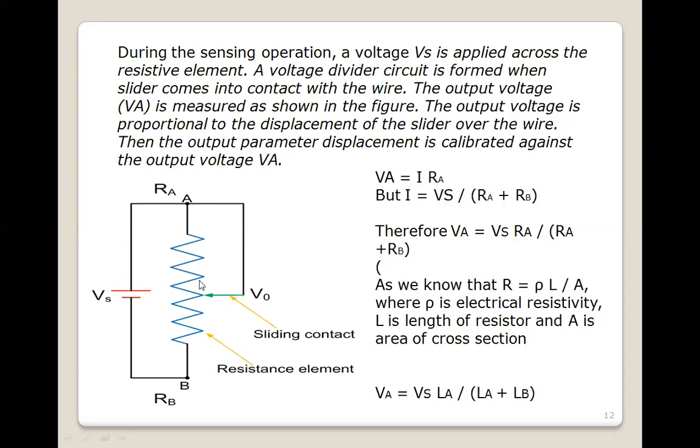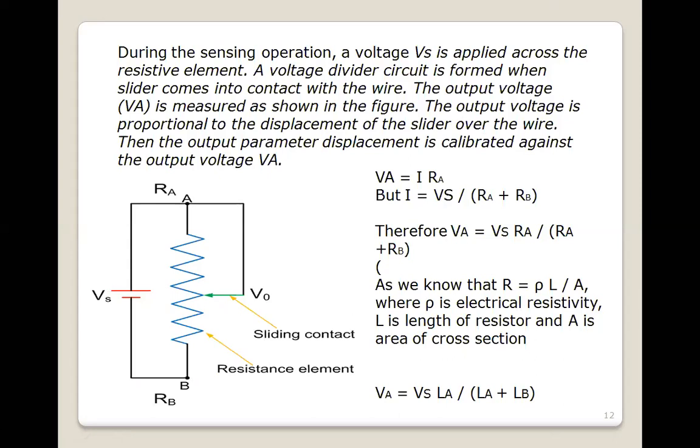Let me suppose the total resistance is between A and B, and there is one supply connected between the potentiometer terminals A and B. Suppose the supply voltage is Vs, and the slider contact is positioned based on the displacement sensor.